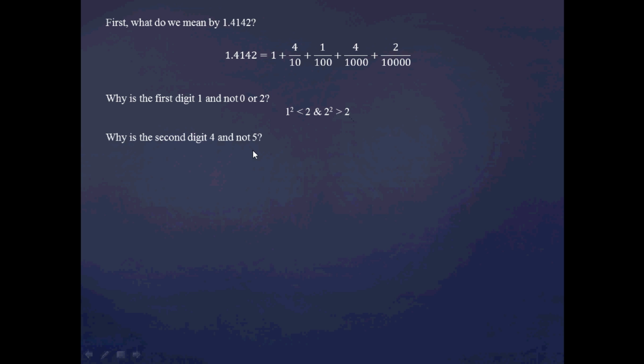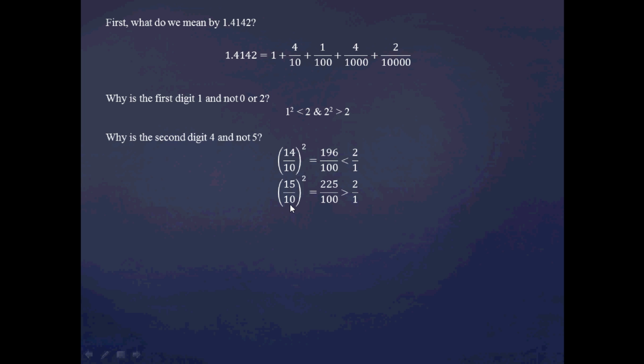And correspondingly, we ask a similar question of the second digit. Why is it 4 and not 5? The reason being, if it's 4, we form the fraction of 14 over 10, because 1.4 means 1 plus 4 tenths, which is 14 over 10. We square that and we get 196 over 100, which is just slightly less than 2.